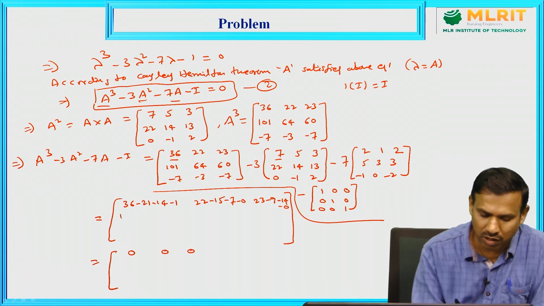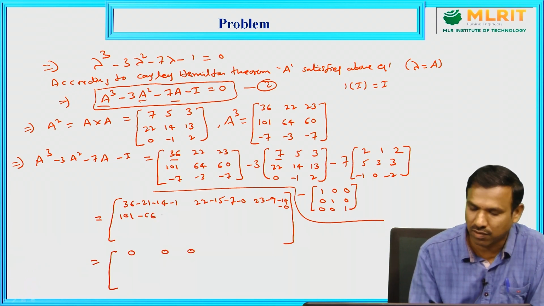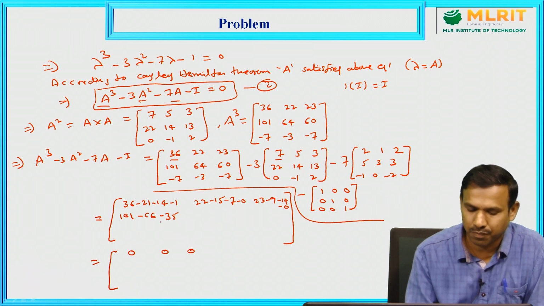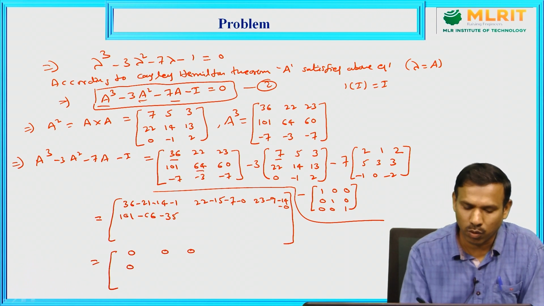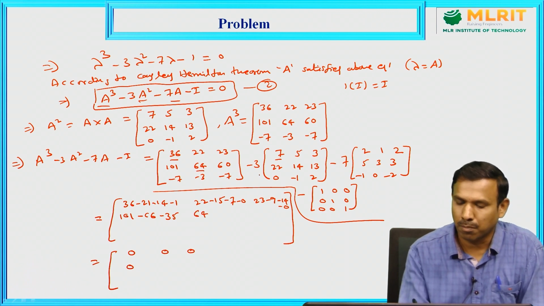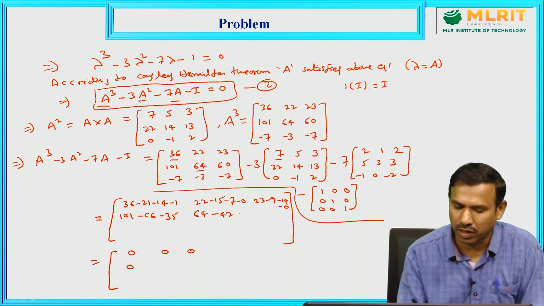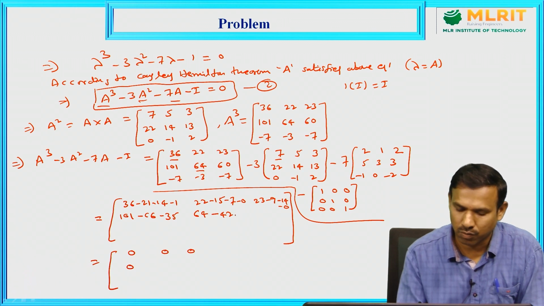So you can check the remaining elements. 1, 0, 1, minus 3 into 2, 22, minus 66, minus 7 into 5, minus 35. So 101, 101, 0. Next second row second element 64, minus 3 into 14, 42, minus 7 into 3, 21.